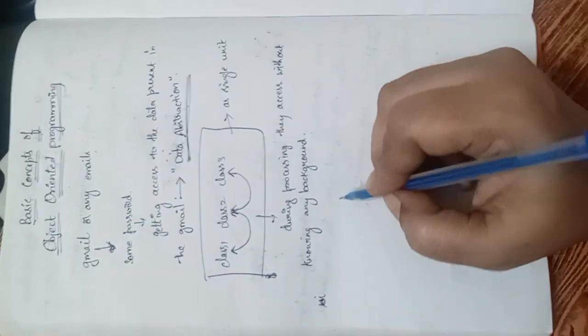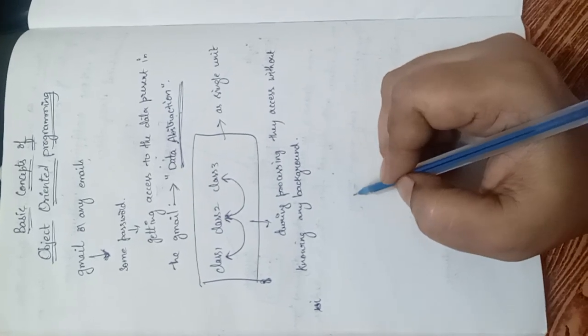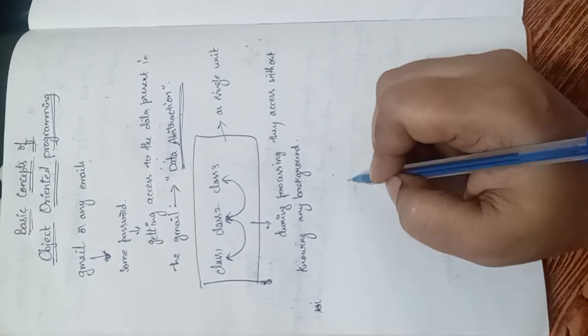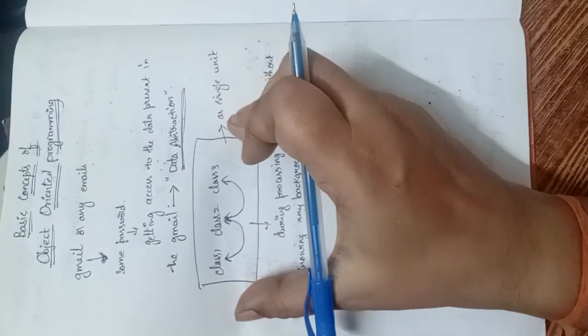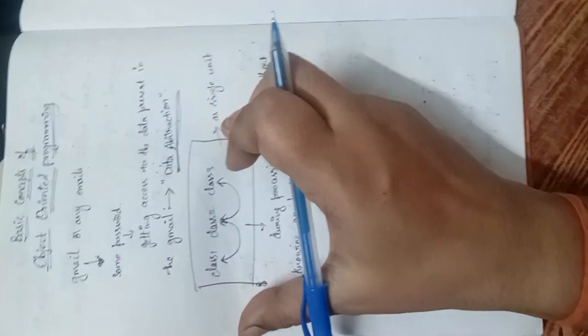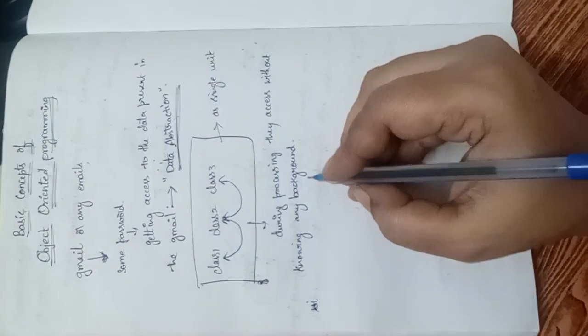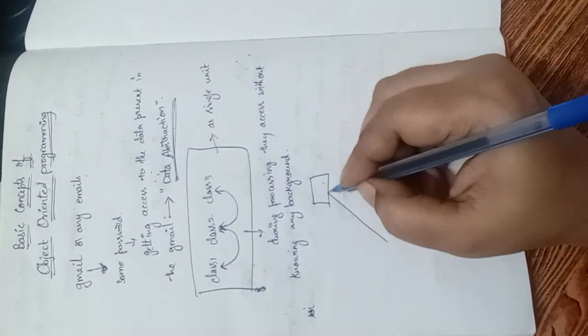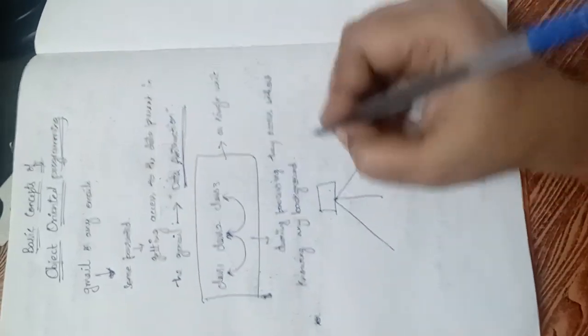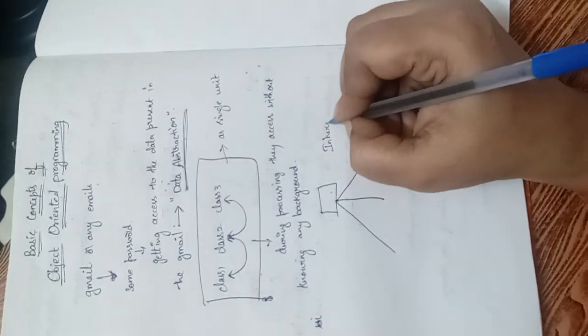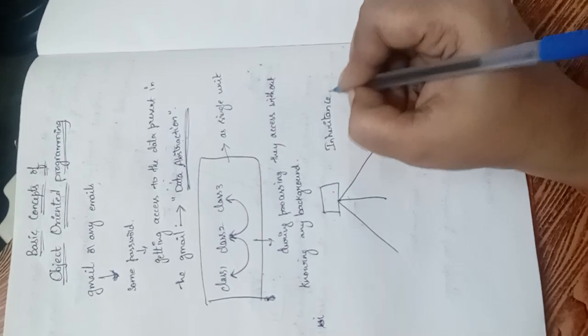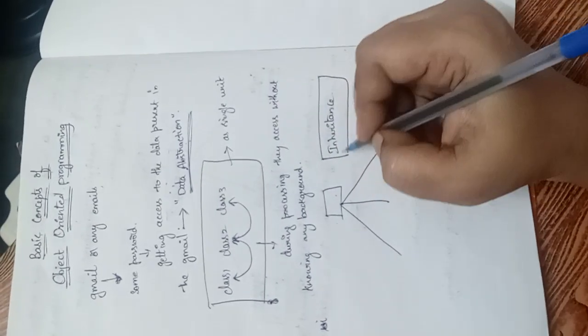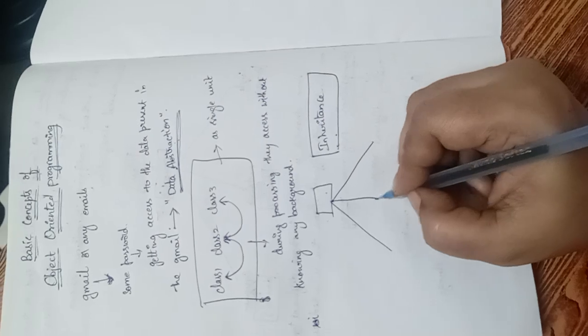So from one class to another class you can access the data which is in a single unit. But how? Because of one more property which is called inheritance.